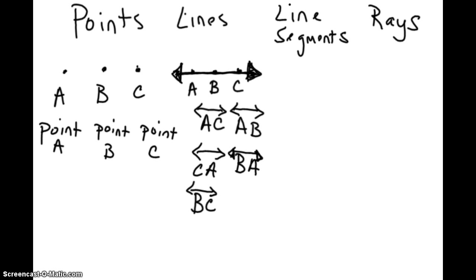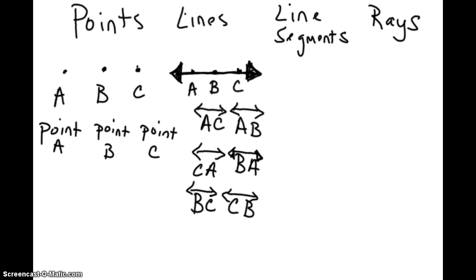And if you could guess it, then it could also be called CB. And I think those are all of the different ways that we can name this line, but we just need to remember that a line is a series of points connected in a straight path that goes on forever and ever in both directions. And that is why we have two arrows.